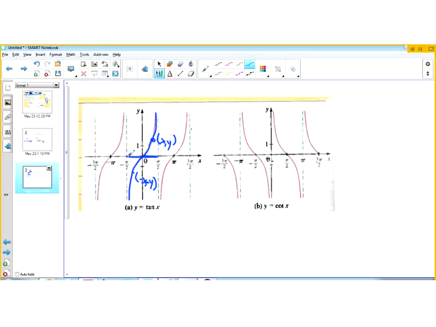But consider this branch that I've accentuated here as the principal period of the tangent function, from negative pi halves to pi halves. The reason I selected it is because the tangent function flows through its complete range of output values. In other words, it ranges from negative infinity to positive infinity on this interval.